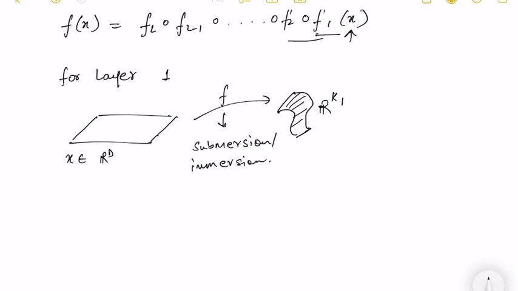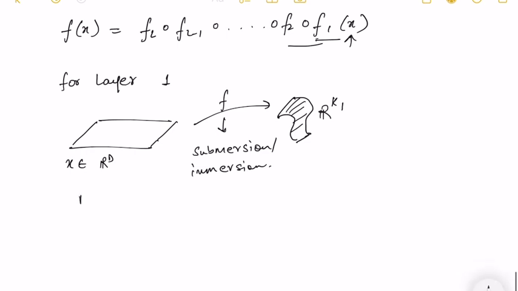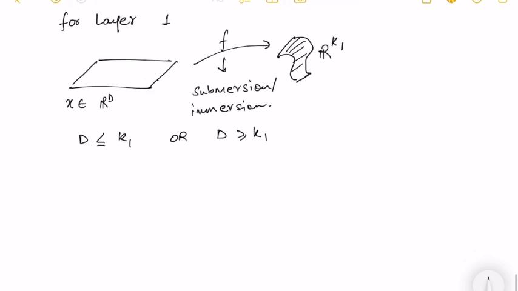And it should also be contingent on whether d is less than or equal to k1 or d is greater than or equal to k1. And both of these are valid. That would decide whether this is a submersion or an immersion.